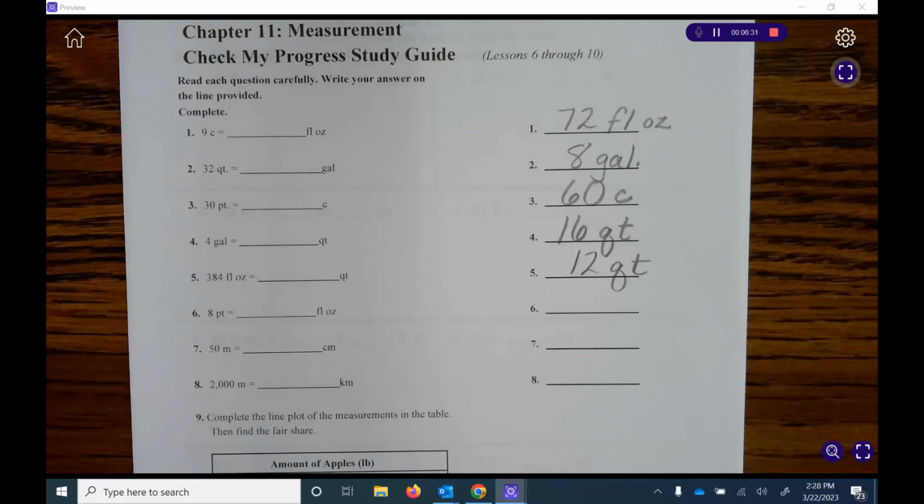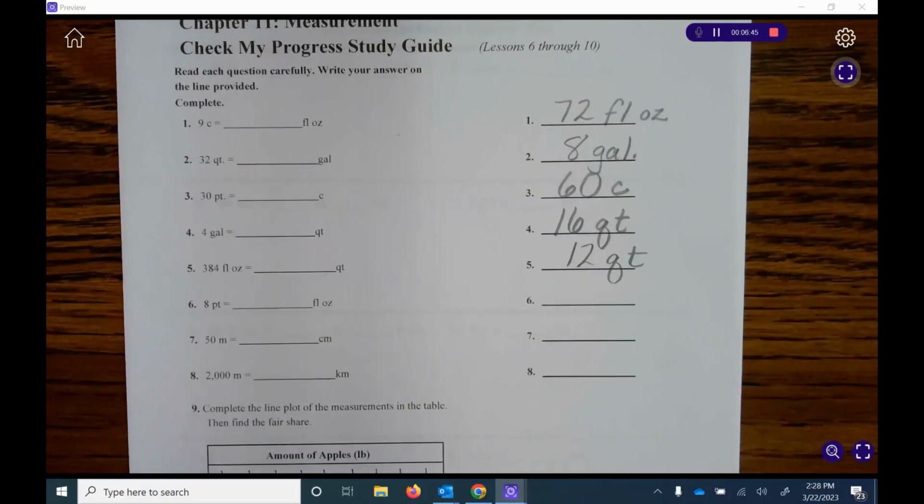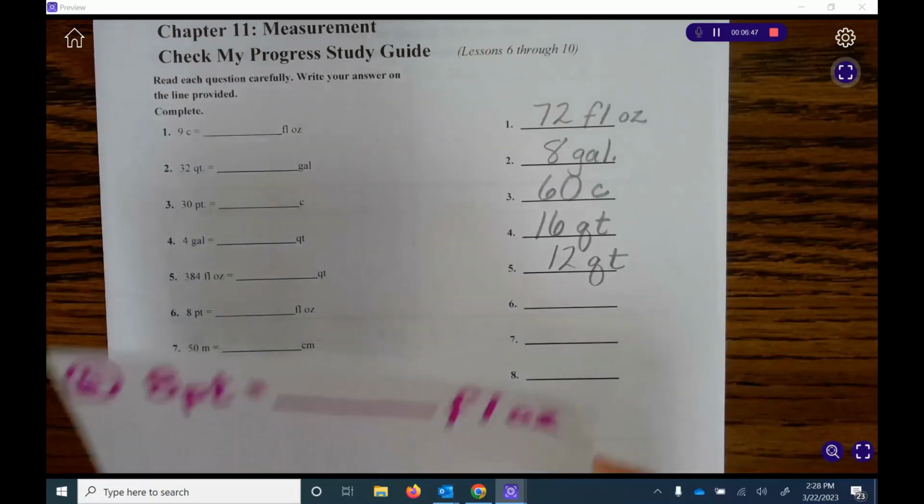Question number 6. Get my card out here. We have 8 pints equals how many fluid ounces?